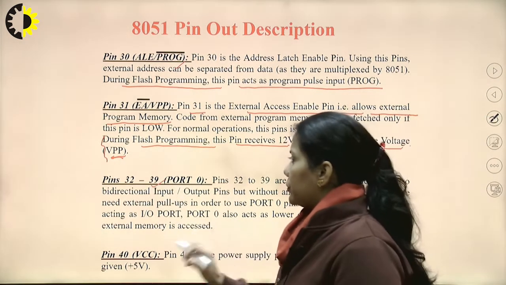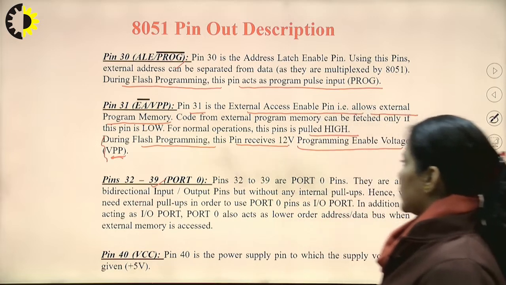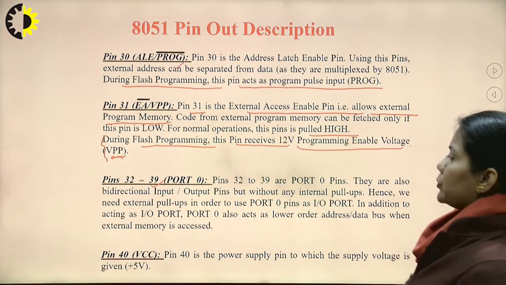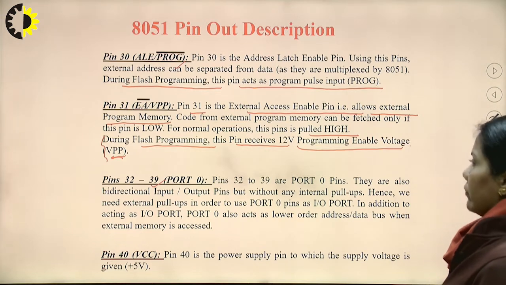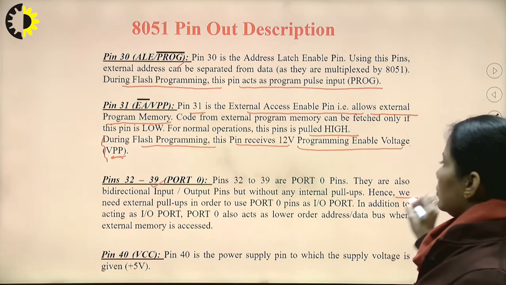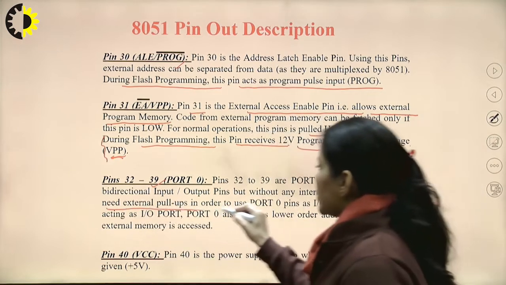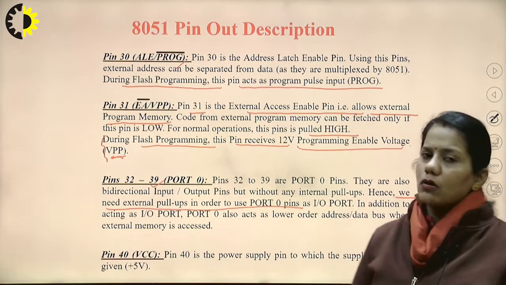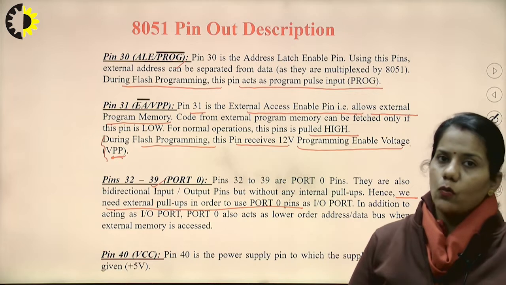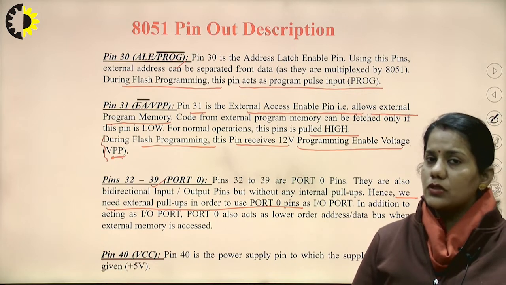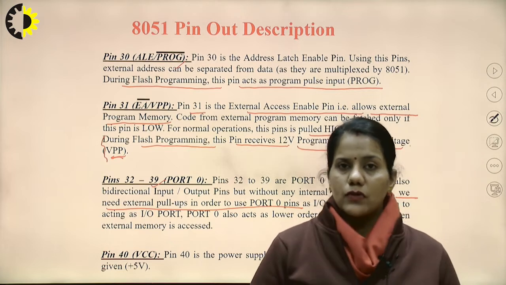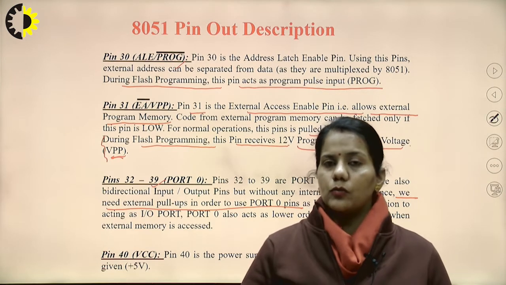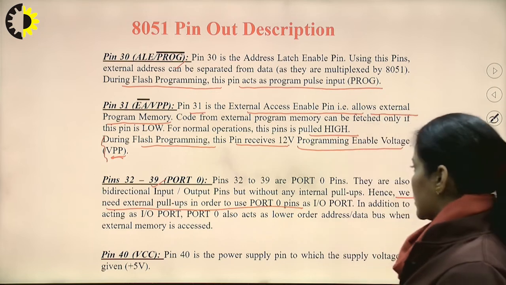Pin number 32 to 39 represents port 0. They are also bidirectional input-output ports, but without any internal pull-ups. Hence, we need external pull-ups in order to use port 0. Port 0 is the only port among all the 4 ports, port 0, 1, 2 and 3, to which we have to connect external pull-up resistors to use those pins.